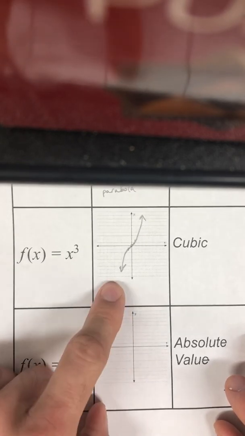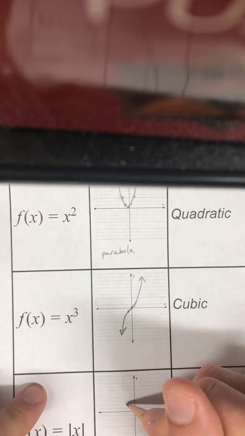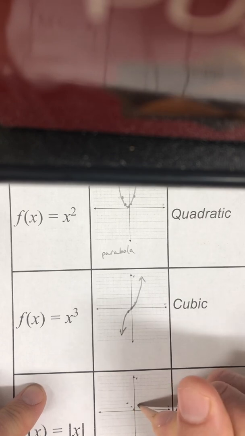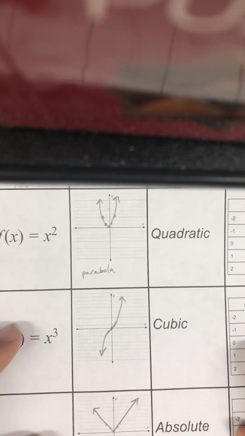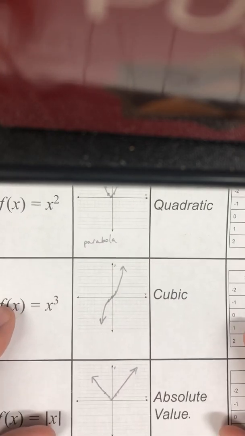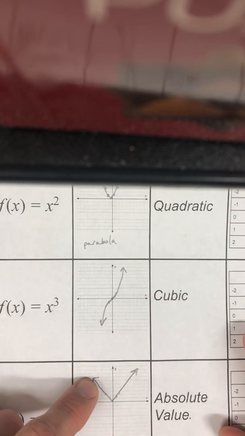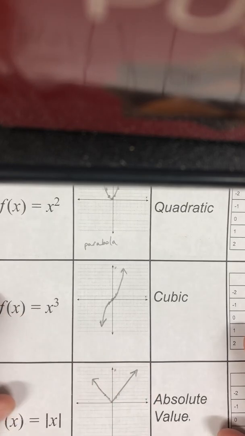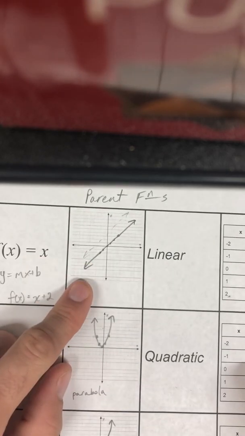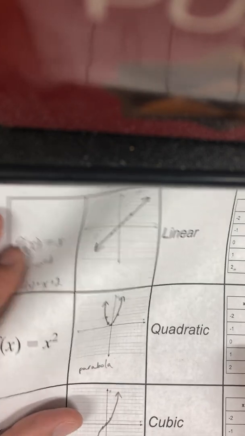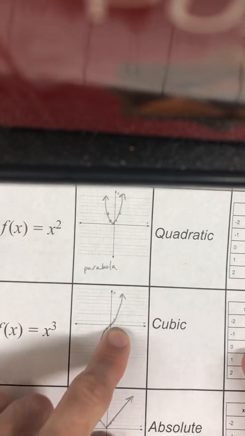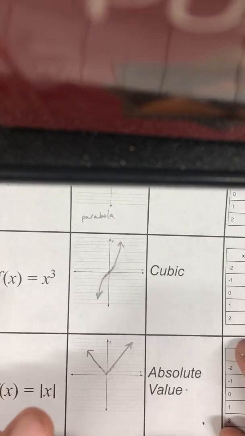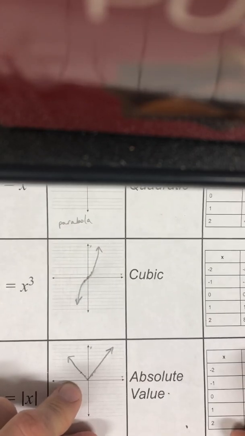So everything is going to be positive, and it's going to look like this. You'll see it tries to go negative, and then it gets bounced right back to the positive. So linear is a line, quadratic is a parabola, cubic is, I guess you just call it squiggly, and absolute value is a V.